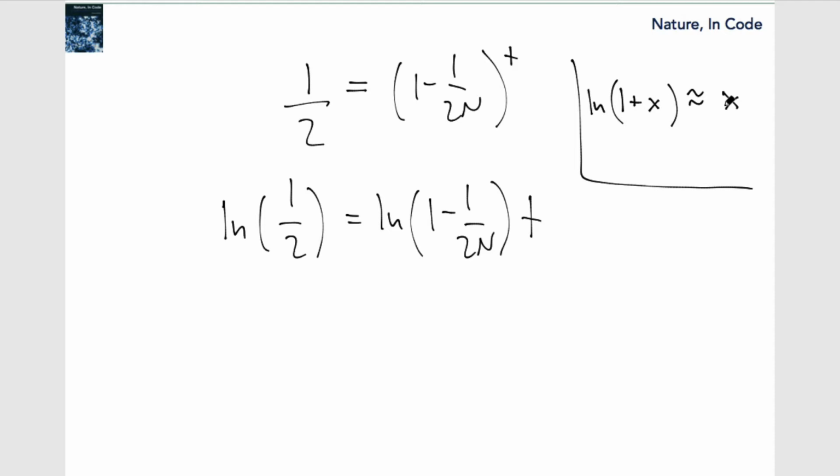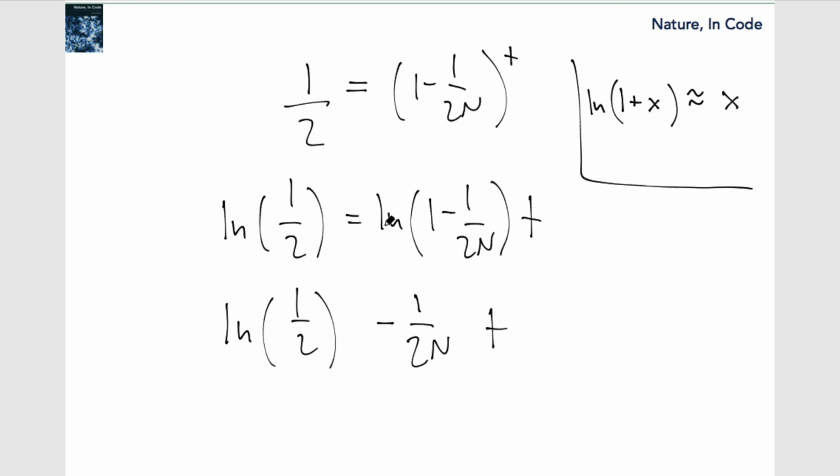All right, so our x in this case is this minus 1 over 2N. So essentially what I'm saying is that we can replace that by just saying minus 1 over 2N times t.